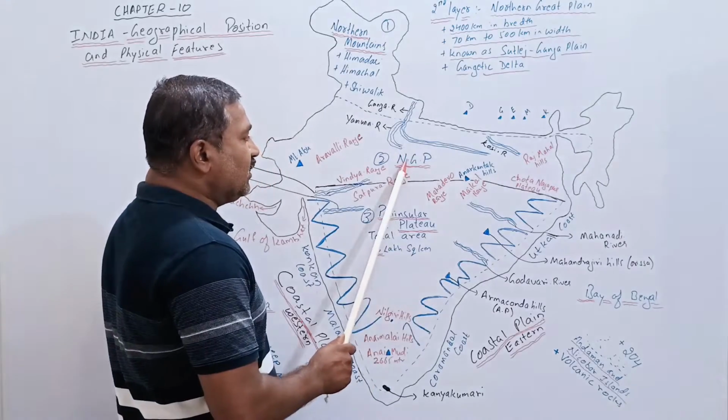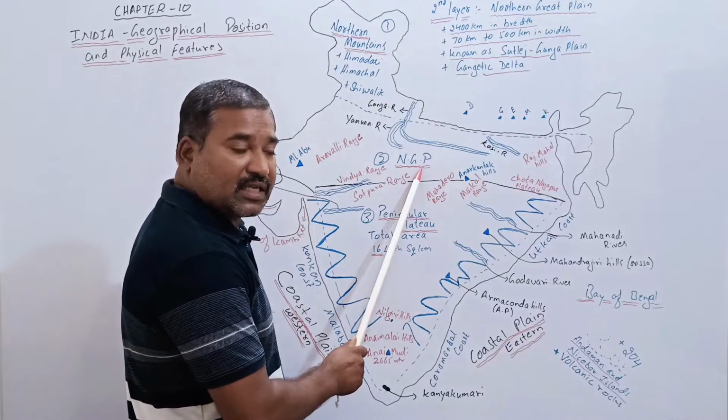Due to this reason, this surface area is called the northern great plain.